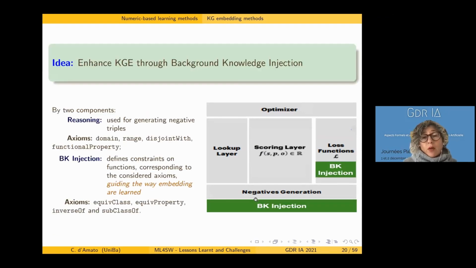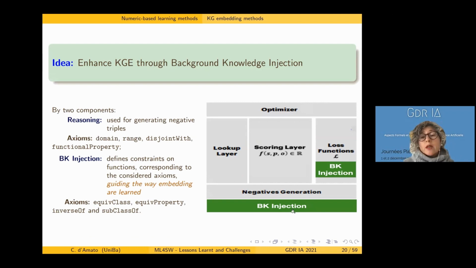So from here, the idea is to try to enhance existing knowledge graph embedding methods by injecting the background knowledge within them, and also by exploiting reasoning capabilities. And this is done by developing two different components.